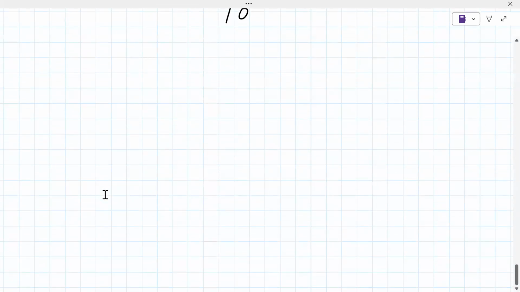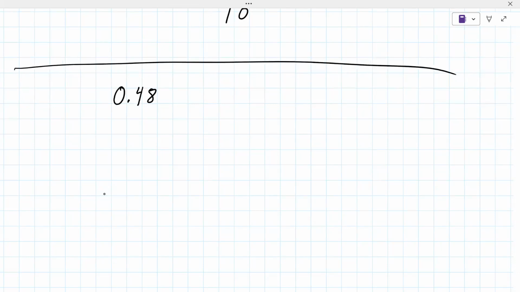Okay, let's try another one here. How about 0.48? Could you try to convert that to a fraction, please? It's already a decimal. Oh wait, so would it be 24/50?